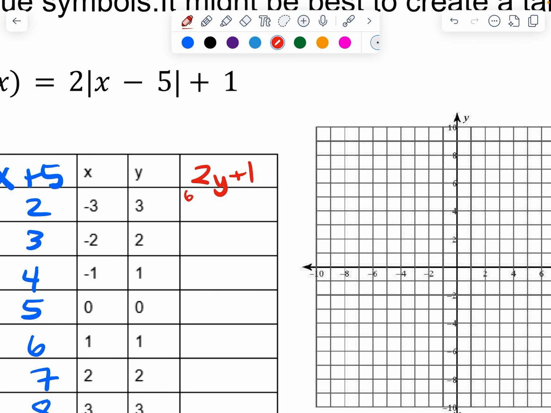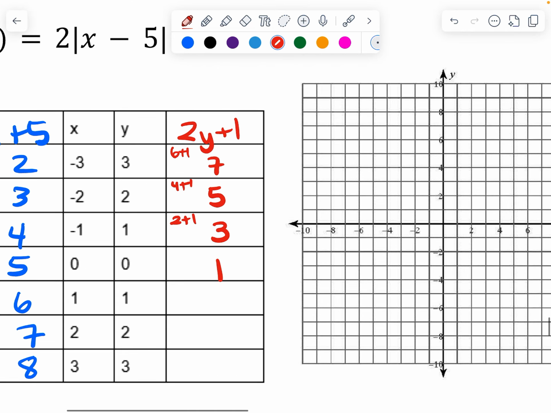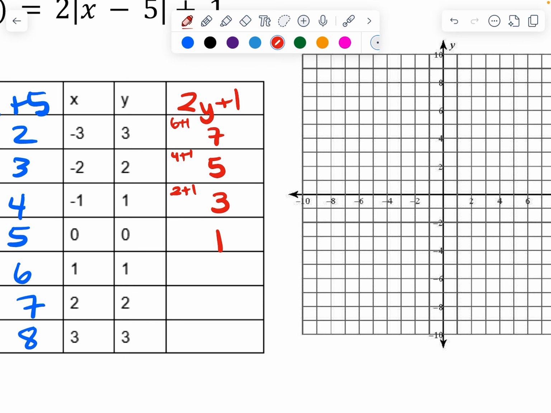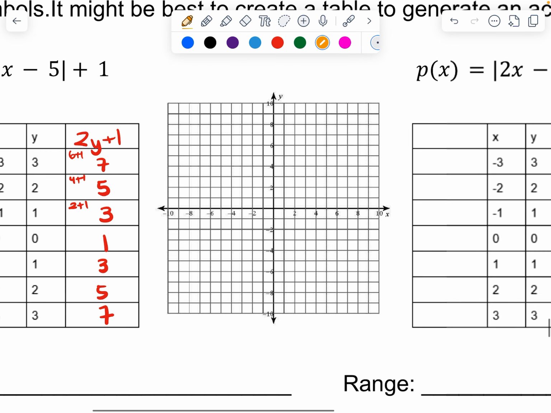So that's going to get me 6 plus 1, which is 7. 4 plus 1, which is 5. 2 plus 1, which is 3. So on this one, these numbers are the same. So it's just going to be 3, 5, 7. So let's plot these. Well, first let's plot our parent graph.